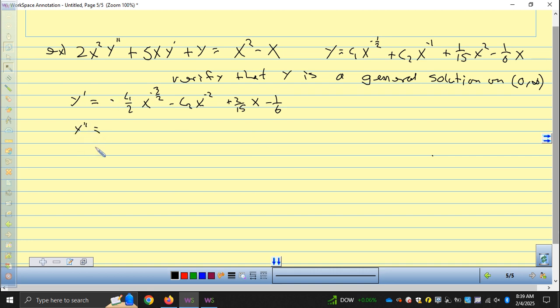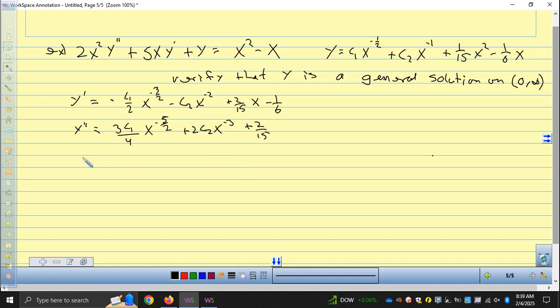Y double prime, I get 3 c1 over 4 x to the minus 5/2 plus 2c2 x to the minus 3 plus 2/15.